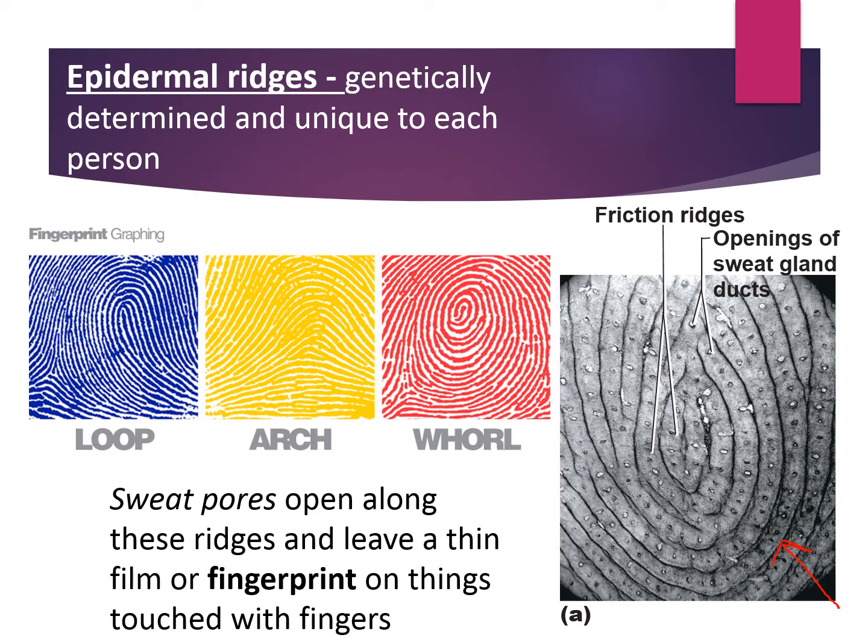As you can see from the picture over here, the friction ridges on our fingers make three main types of structures: the loop, the arch, and the whorl. The combination and appearance of these structures is genetically determined and unique to each individual human being. Even identical twins, two people who share the exact same DNA, do not share the same fingerprint.